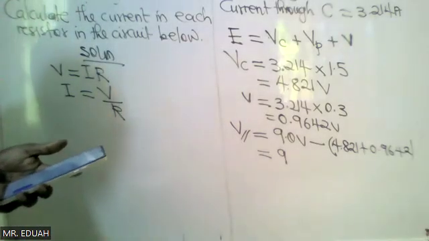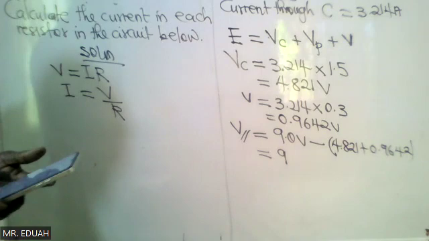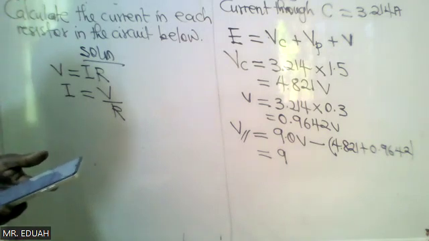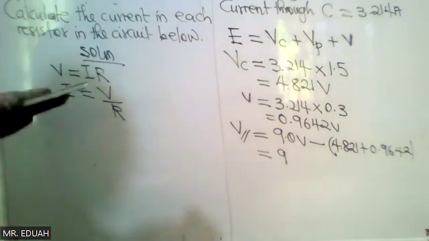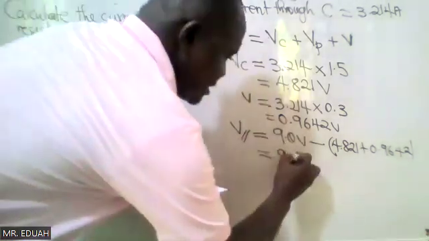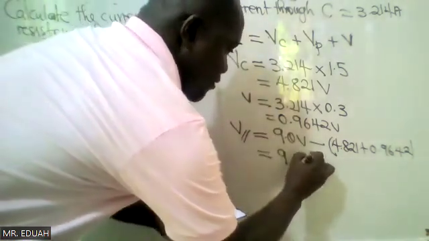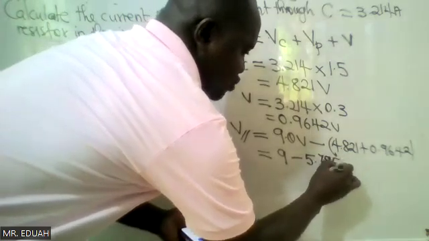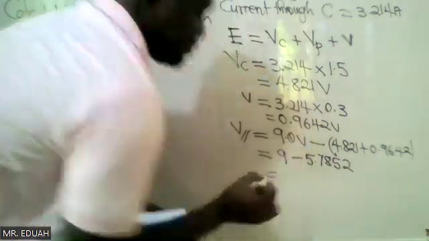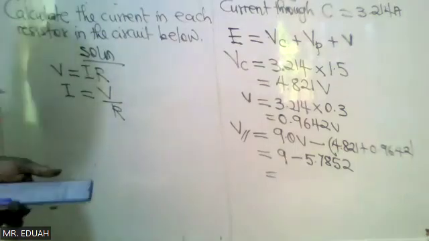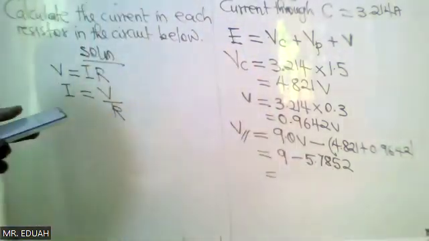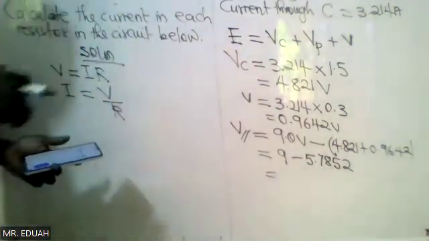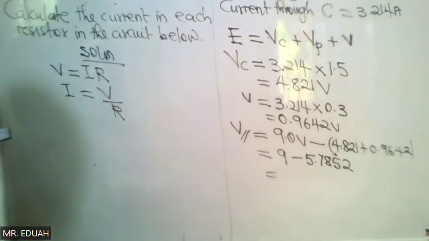So plus 0.9642. So this is giving us minus 5.852. So when we subtract this from 9, we have the voltage drop across the parallel arrangement.